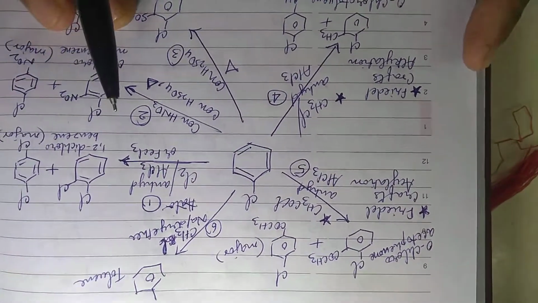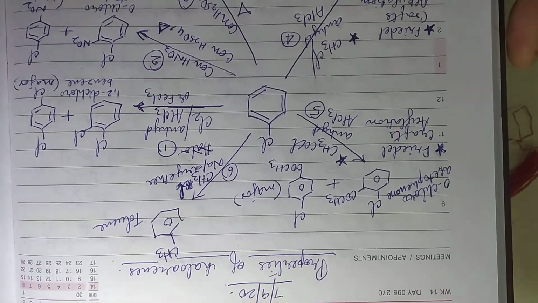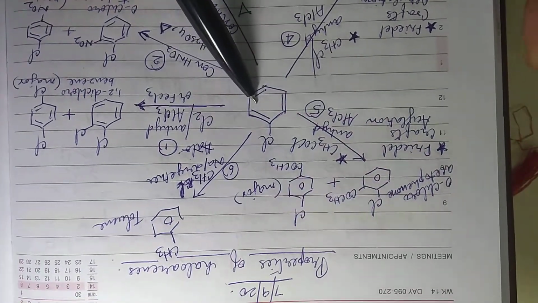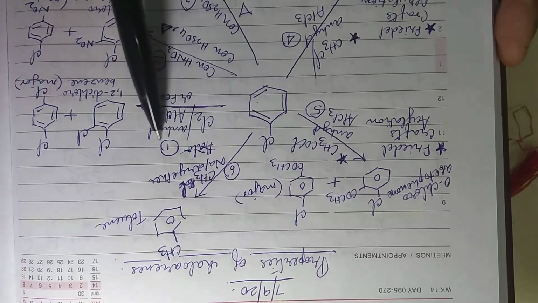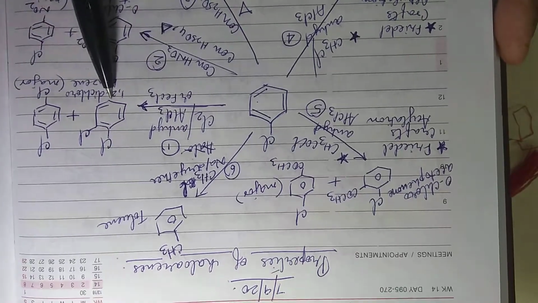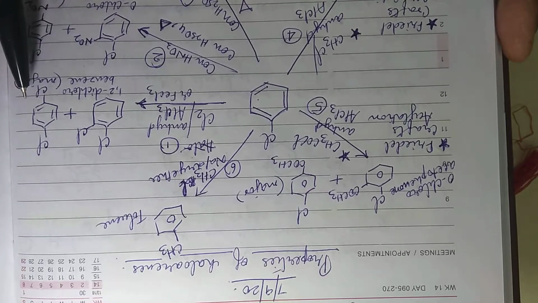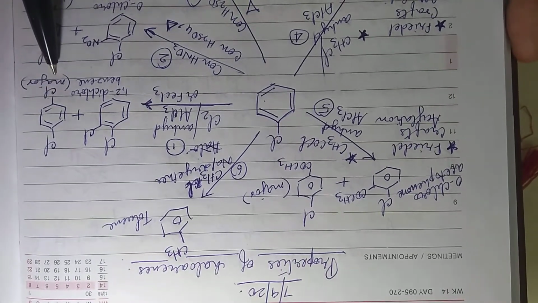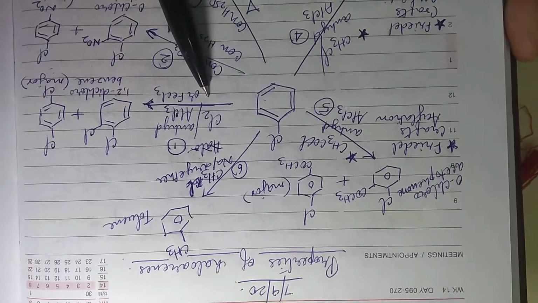Now what are the different reactions? This electrophilic substitution, what all reactions do you have? Just see. If it is subjected to chlorination in the presence of anhydrous AlCl3 or FeCl3, you will get ortho-dichlorobenzene and para-dichlorobenzene. Para product is the major product because of greater symmetry. Now this is an electrophilic substitution.